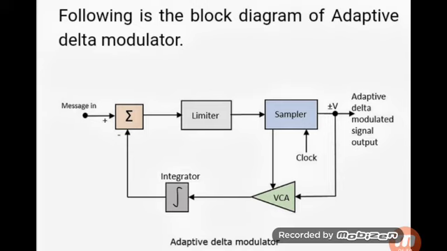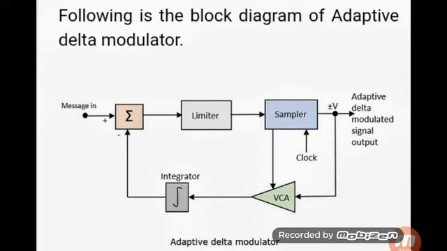By using these, we convert the signals from analog to digital, remove the unwanted slope overload noise, and the pure signal is transmitted to the output side.